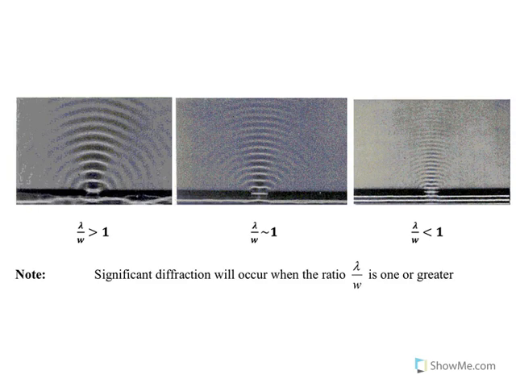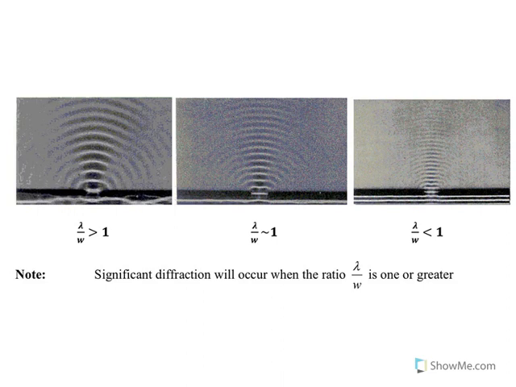And so this next series of diagrams shows you, if the ratio of wavelength to gap is bigger than 1, you get that curving. If it's about 1, you get a bit, but it looks a little bit straighter in the middle.